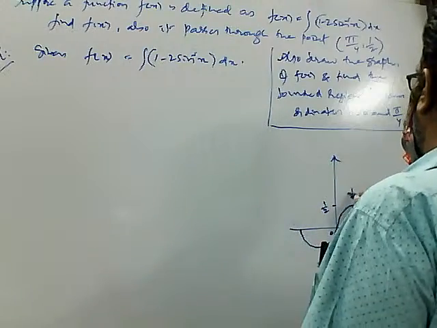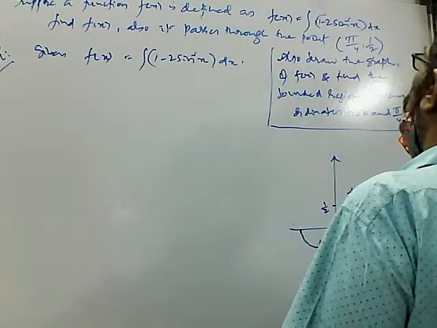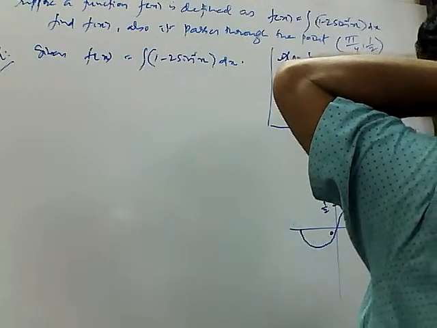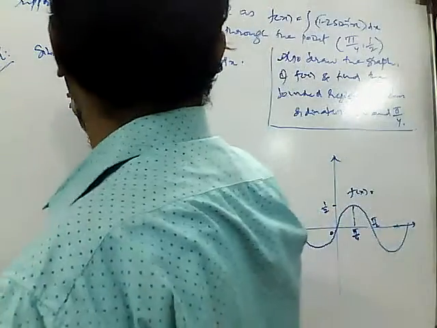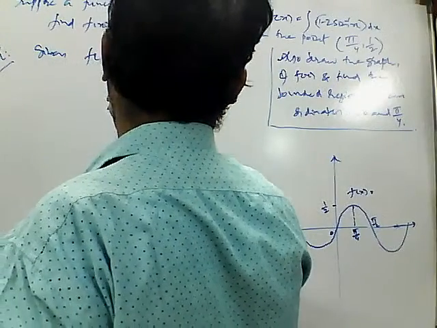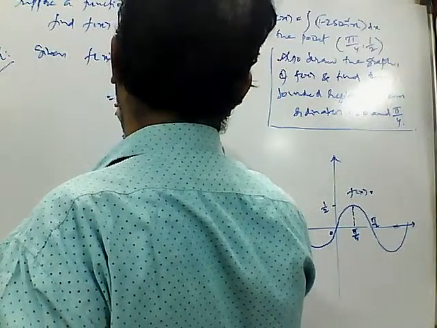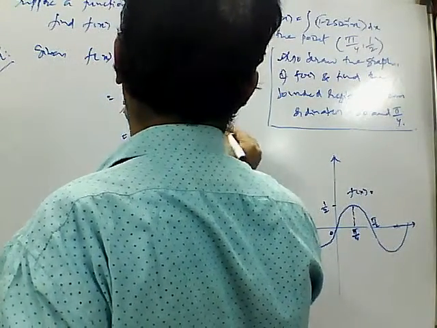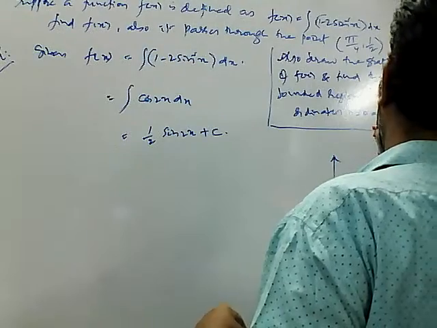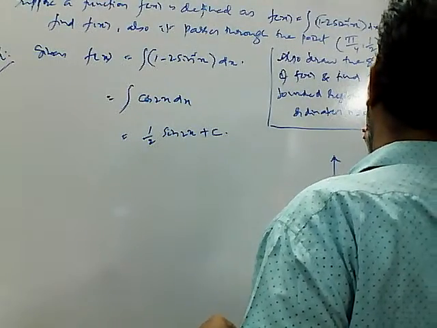F of x is equal to half of 1 minus 2 cos 2x; the integral of cos 2x dx is equal to half sin 2x. So half sin 2x, this is the curve.